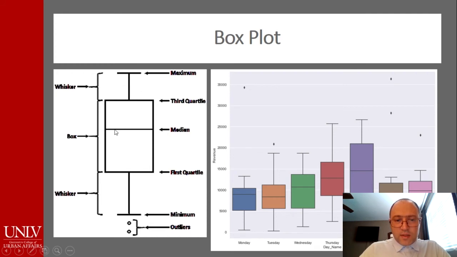So the middle line is the median. In our example box plot here, you can see the differences based on the days, and also you can see the median, and there are some outliers displayed in the box plot.